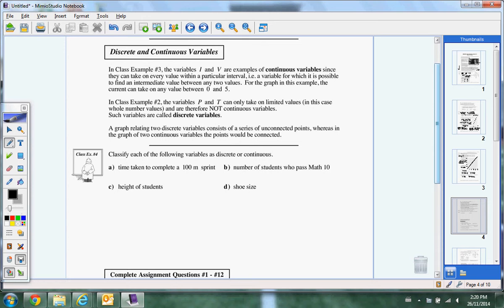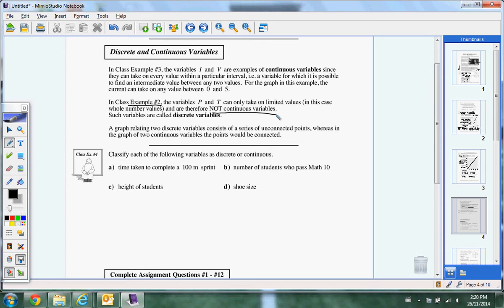Example 2 was not continuous because it cannot take halves. We can't do half of triangles. Those are called discrete variables. So if you have restrictions on what you can have in terms of whole and not whole, that will create something non-continuous, which is not something you can connect with lines in your graph. Okay, so these are examples.